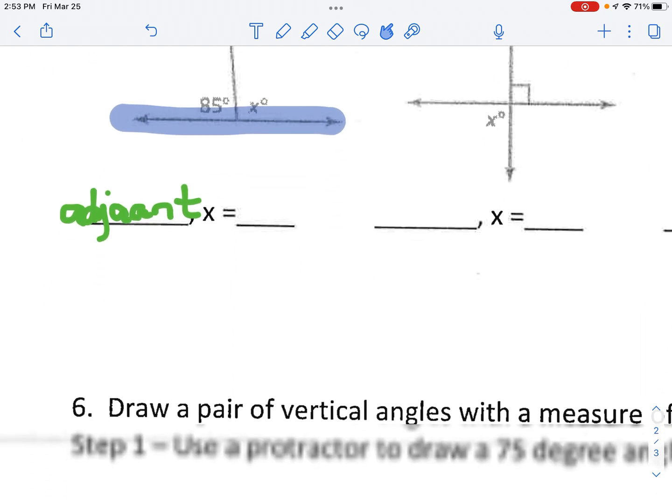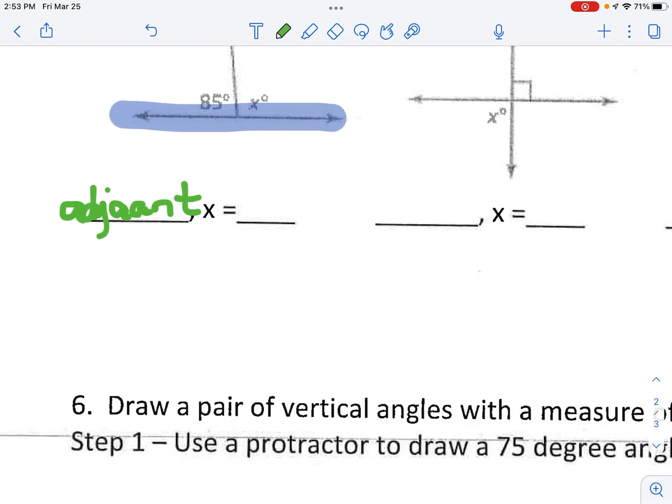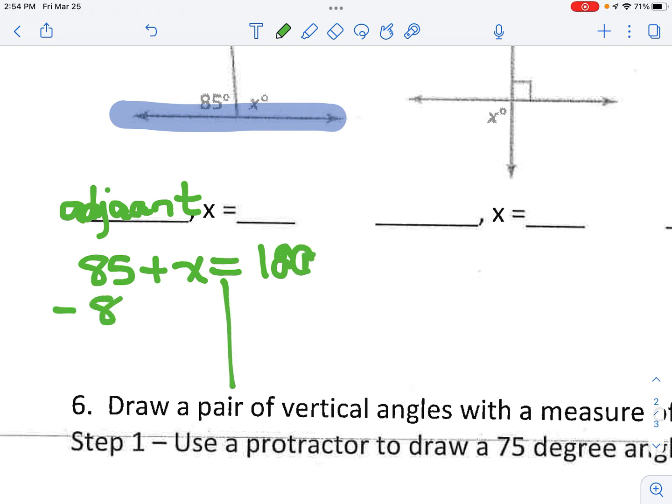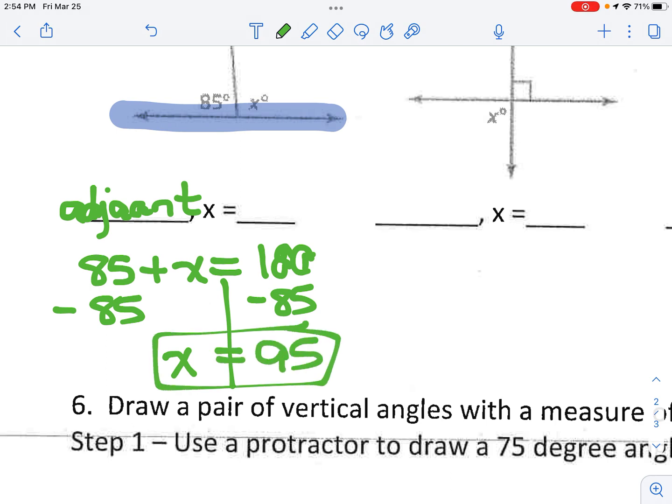So I'm going to say the first angle of 85 plus the second angle of x has to be 180 degrees total. You're going to show me the inverse operation and subtract 85 from both sides. So x equals 95. So x equals 95 degrees.